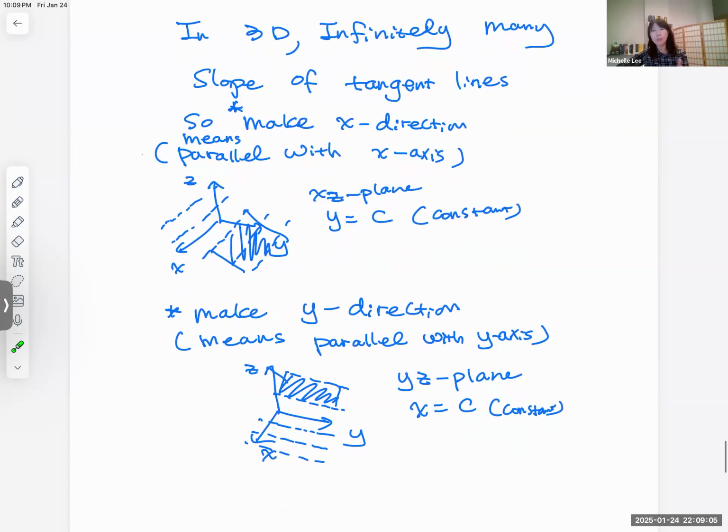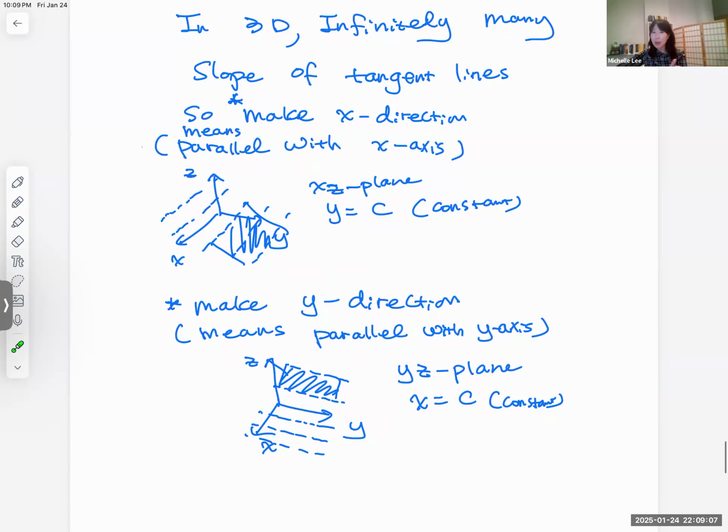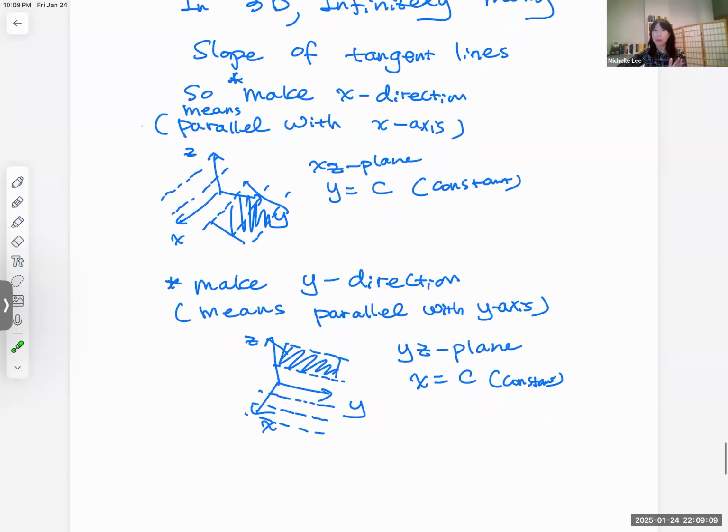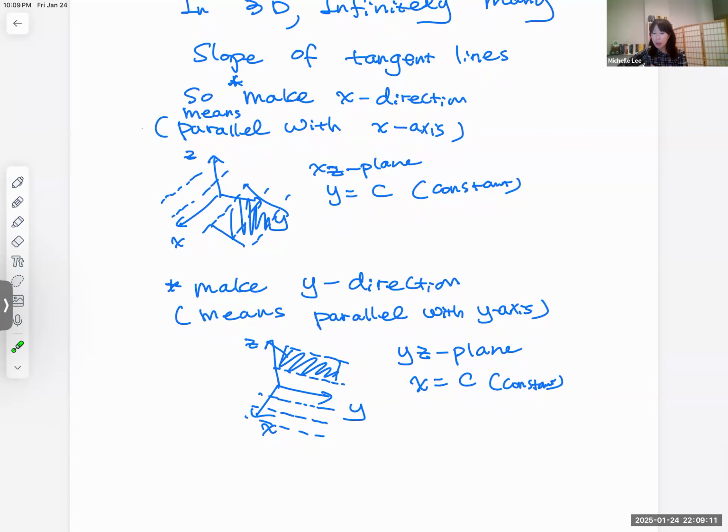Okay, now we say the partial derivative of f with respect to y, right? That means the y direction is here. This is the y direction. Can you see that? Okay. Then that means parallel to the y-axis.